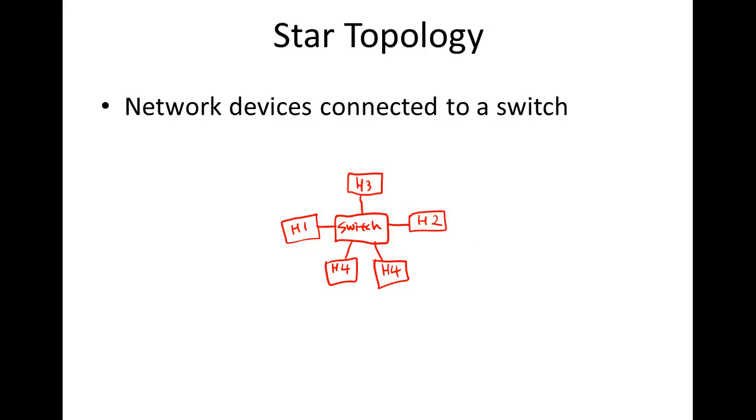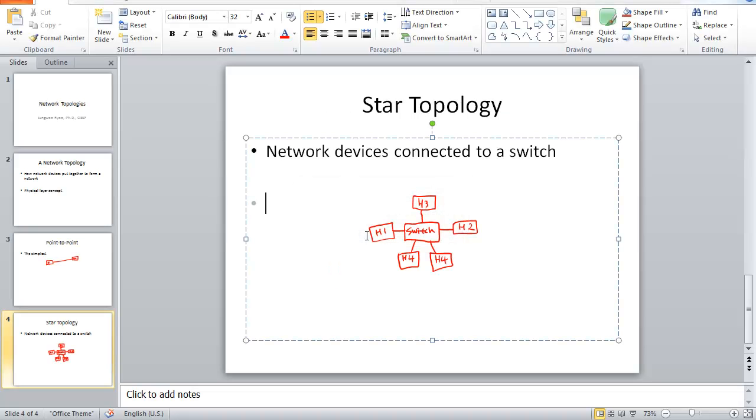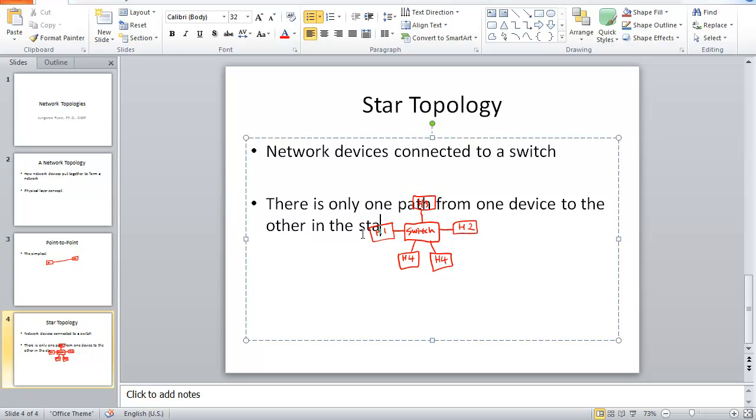And one thing I want to add there is, again, there is only one path from one device to the other in the star topology.